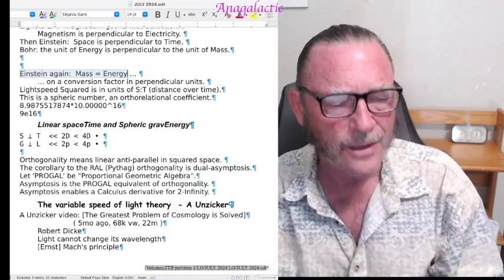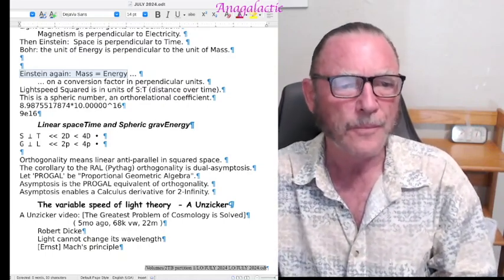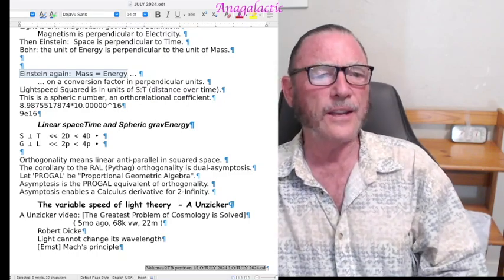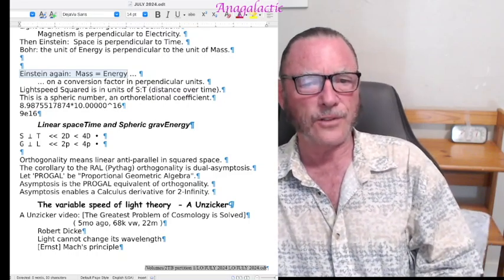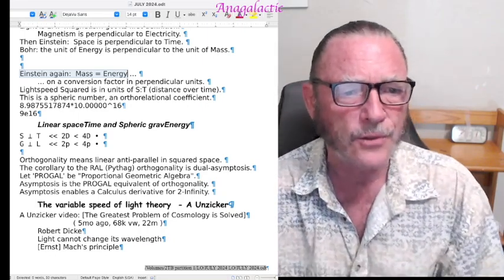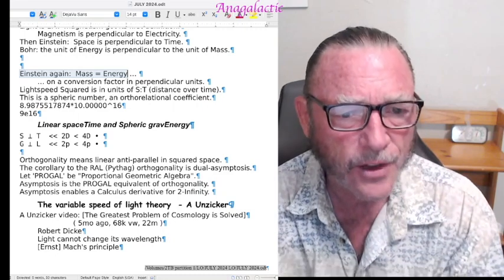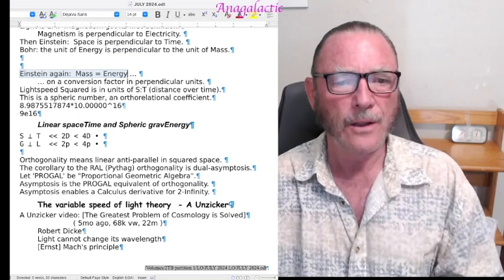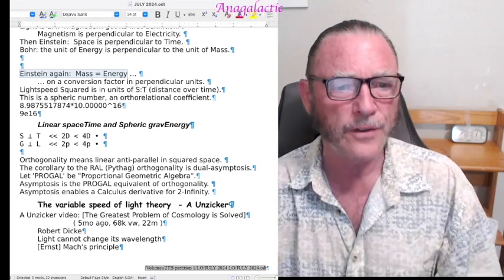The units determine the geometry. On a conversion factor, in perpendicular units, mass is equal to energy. Perpendicular, consider light speed squared. That is the conversion factor, but its units are not linear. They're proportional, distance over time.